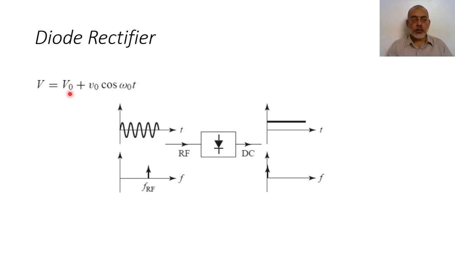So the output would be the DC component plus an additional part proportional to the amplitude of the AC signal. Assuming that the DC signal is 0, the output here would be proportional to the input signal, V0. This is the basic idea of the diode rectifier.